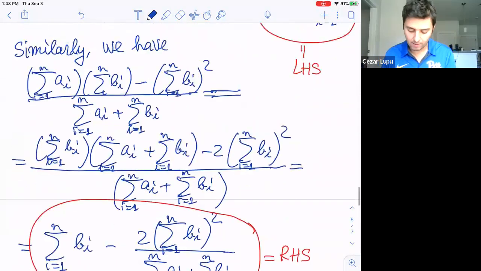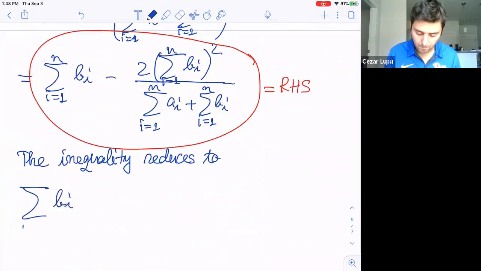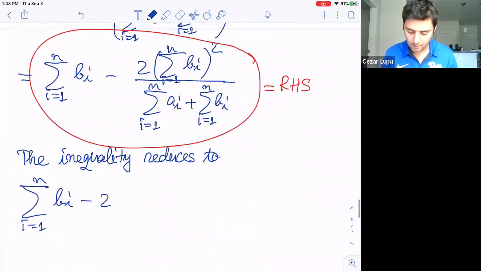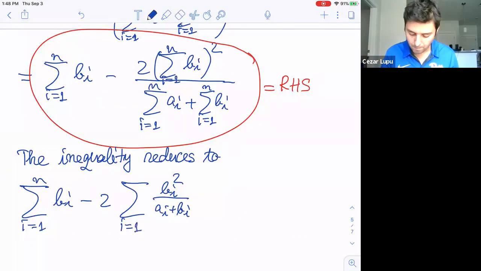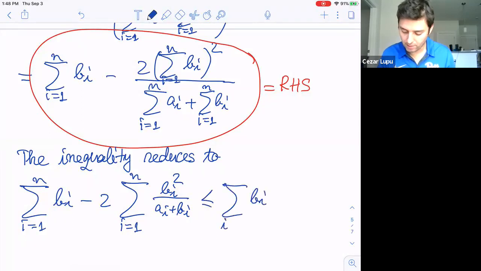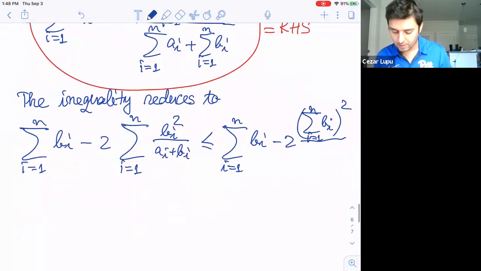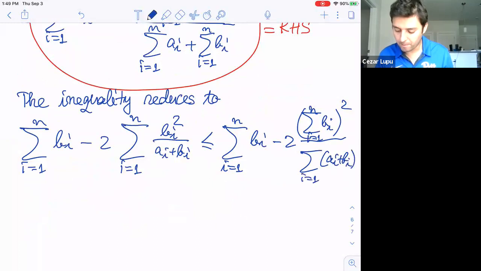So let's see, the left-hand side is the sum of b_i minus 2 times the sum of b_i squared over a_i plus b_i, which is less than or equal to the sum of b_i, the right-hand side, as you can see above, minus 2, and let me write it in this way, the sum of b_i, everything squared, over the sum of a_i plus b_i, the same thing, right? This guy will just go away.